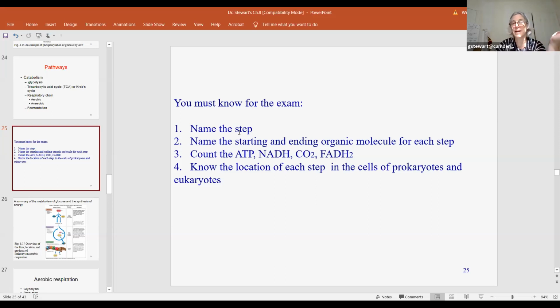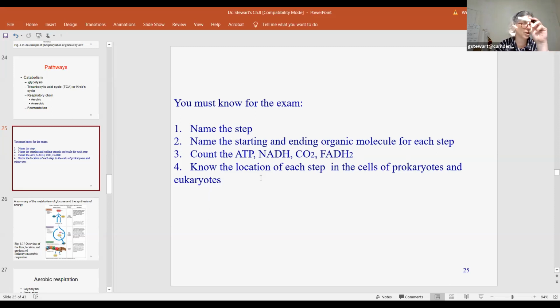So that's what I mean by name the step. You need to be able to name the starting and ending organic molecule for each step. You need to count and keep track of these molecules, ATP, NADH, CO2, FADH2, and you need to know where in the cell each happens for prokaryotes and eukaryotes.